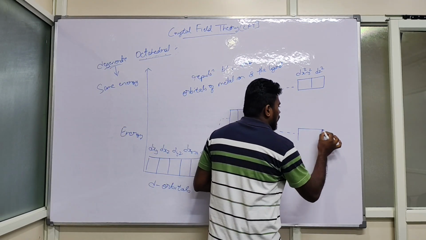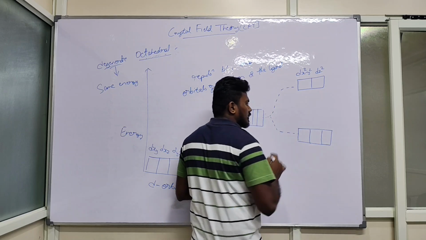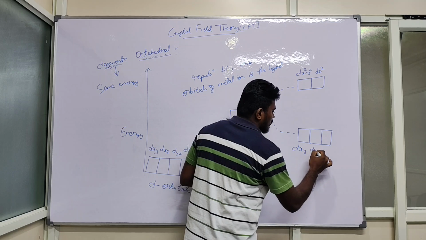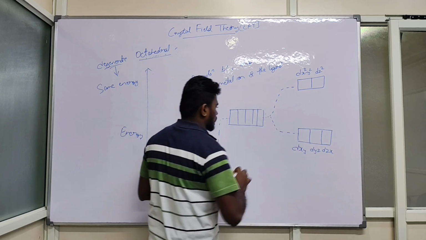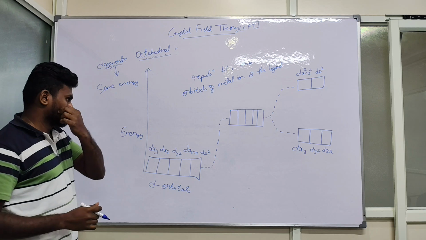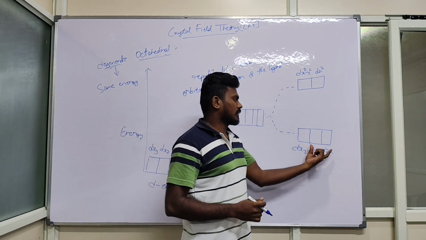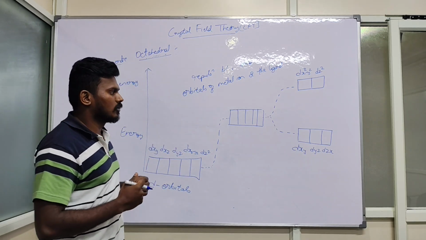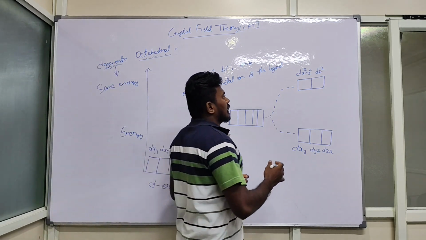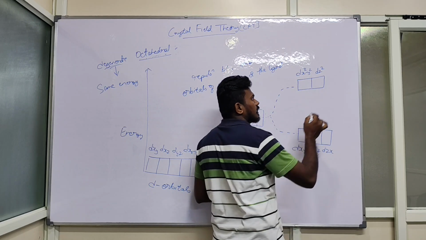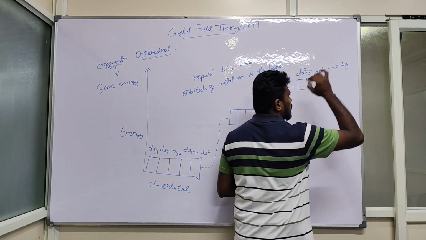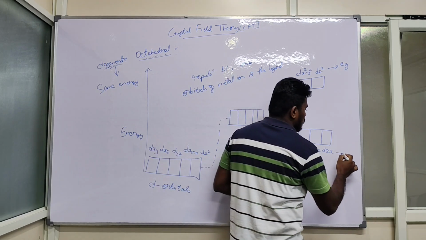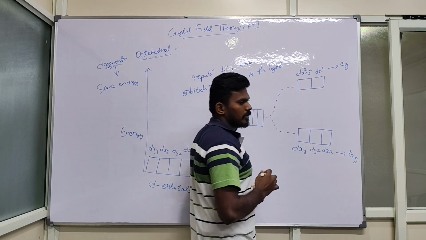The other three, dxy, dyz and dzx, will experience the lower repulsion and move to the lower energy state. The set of two degenerate orbitals will be called the EG orbitals, and the set of three degenerate orbitals will be called the T2G orbitals.